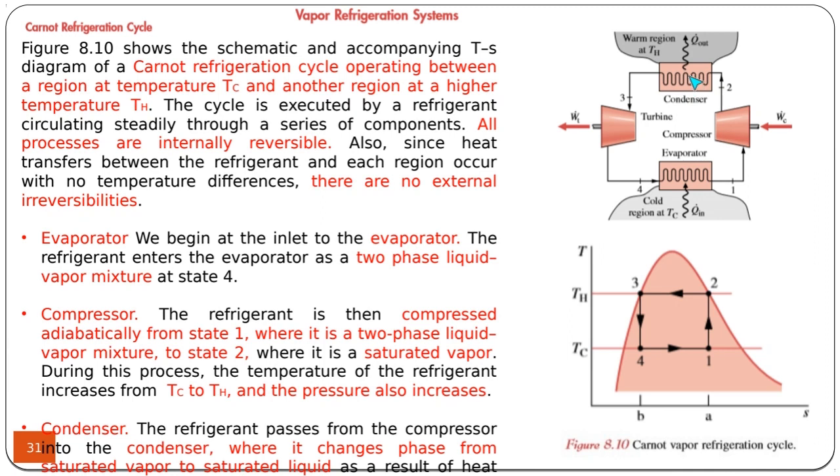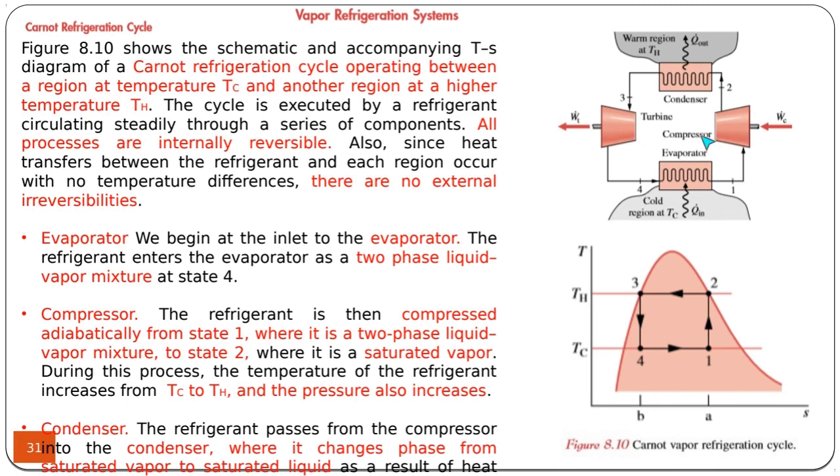Two of them are constant temperature, so we have two reservoirs, a high temperature reservoir and a low temperature reservoir. And we also have another two reversible processes, which are reversible compression and reversible expansion.